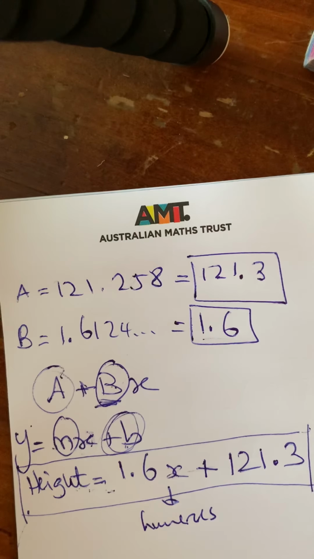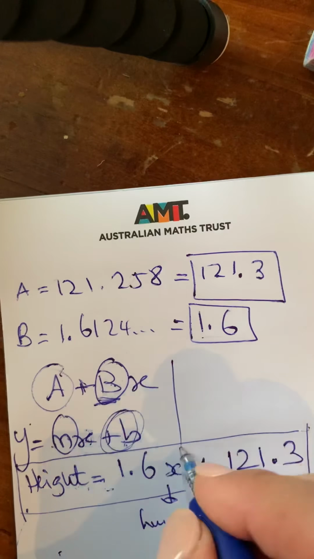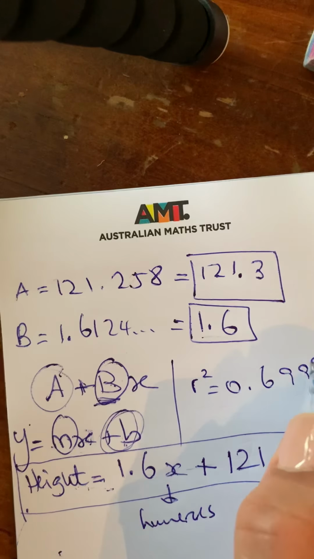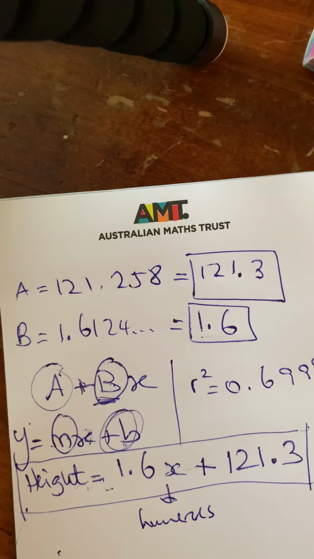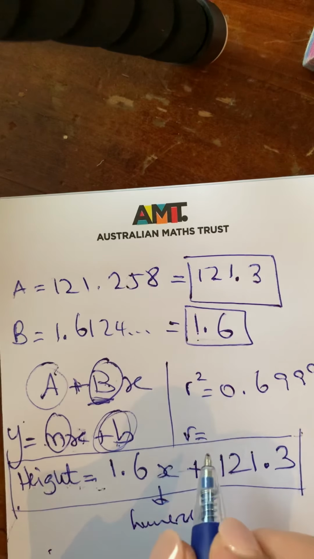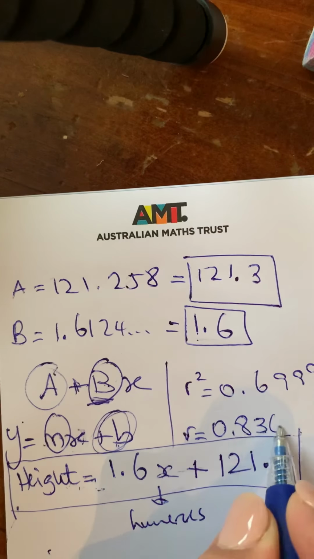And if you remember from the Google Sheet, we worked out r squared was 0.6999. So that's r squared. We worked out on the calculator that r is 0.836.